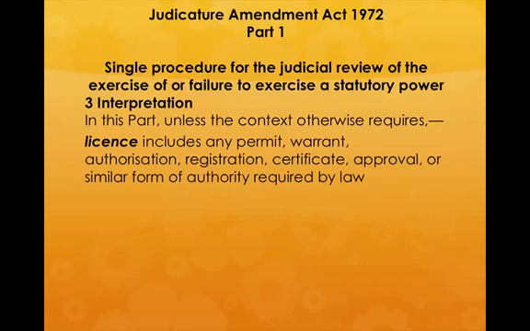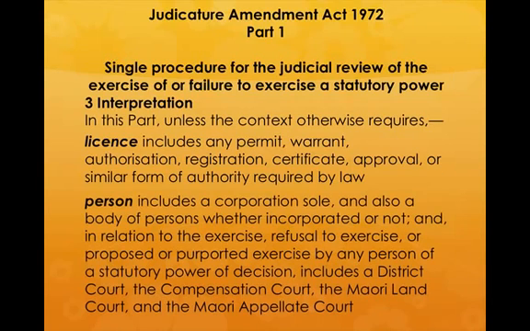And once again, if you go to the interpretation of every act, you'll find what the words mean in those particular acts. Now, in this Judicature Amendment Act 1972, license includes any permit, warrant, authorization, registration, certificate, approval, or similar form of authority required by law. Now, I told you we'd come back to person.